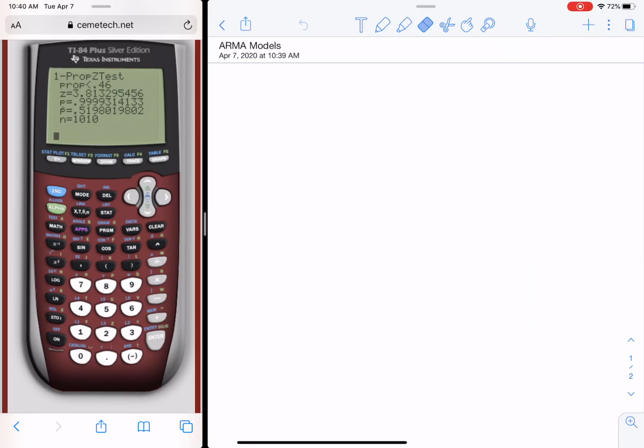Now we move on to the discussion on ARMA models. ARMA stands for Autoregressive Moving Average Models.